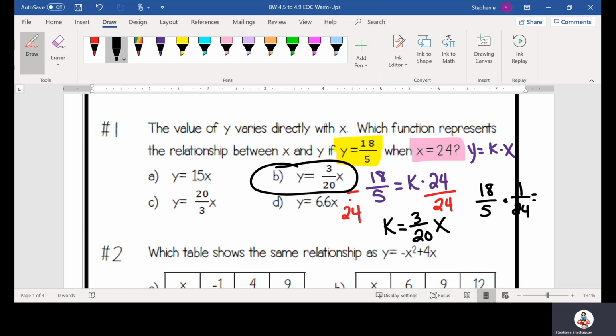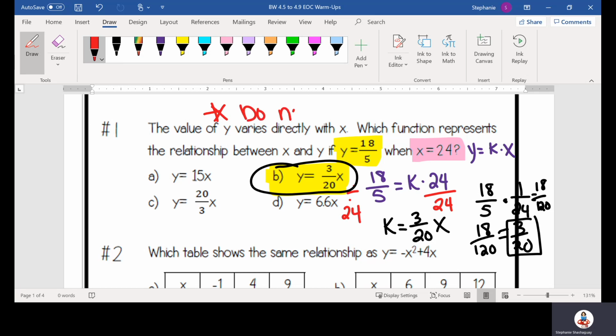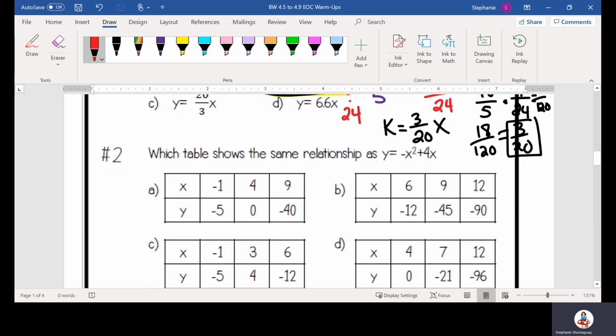Which equals 18 over 120, which then simplifies, 18 over 120 simplifies to 3 over 20, which is our option B. Okay? This is one of those things that I'm just going to star and say, do not worry about. Okay? So let's move on to number 2.